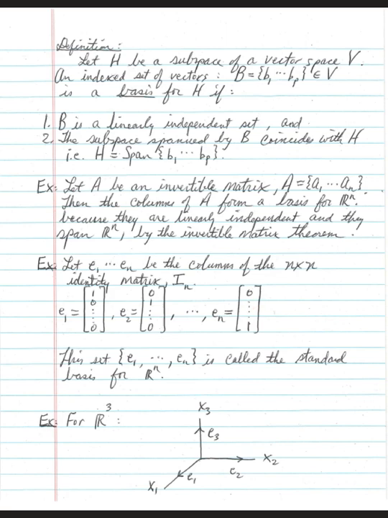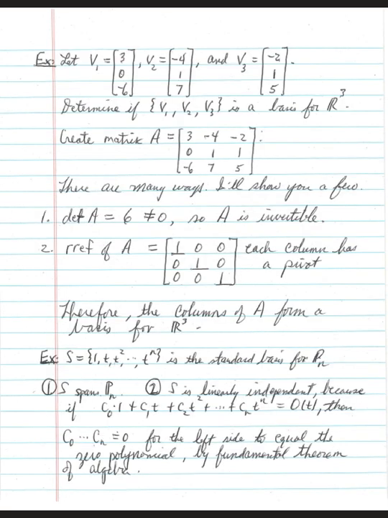This set of vectors is called the standard basis for Rn. For R3 specifically, we take x1, x2, and x3, and we just have the unit vectors 1, 0, 0, then 0, 1, 0, and then 0, 0, 1, those basis vectors.